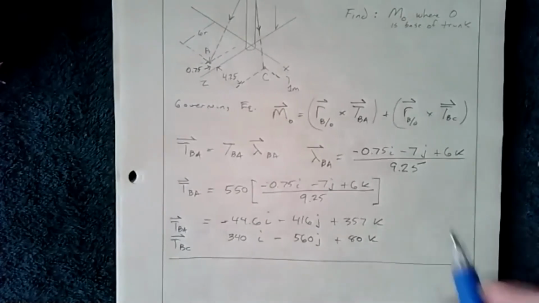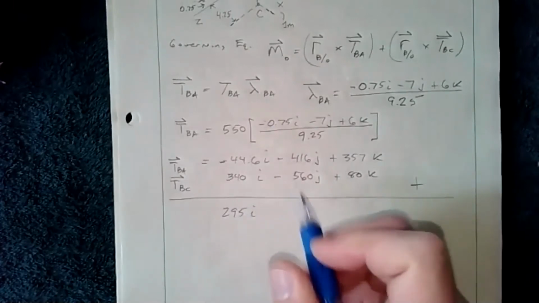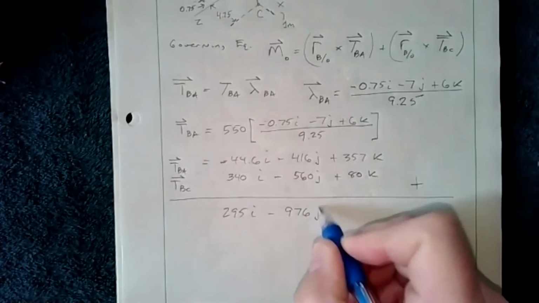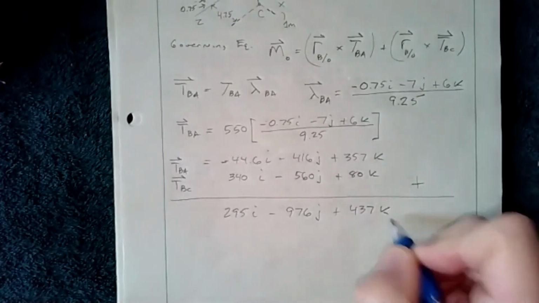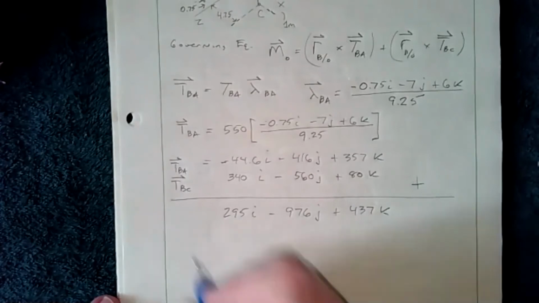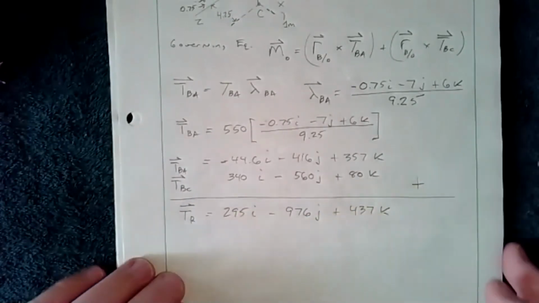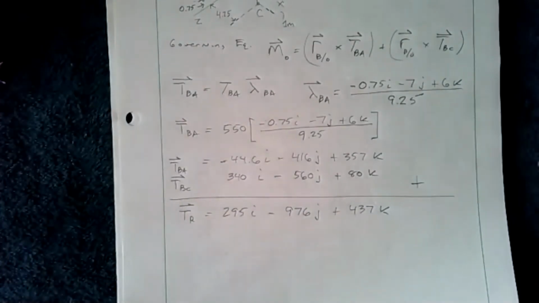So add them together. What do we get? 295 I minus 976 J plus 437 K. So I'm calling this my tension resultant. And that's that. So now I just need to do my cross product.